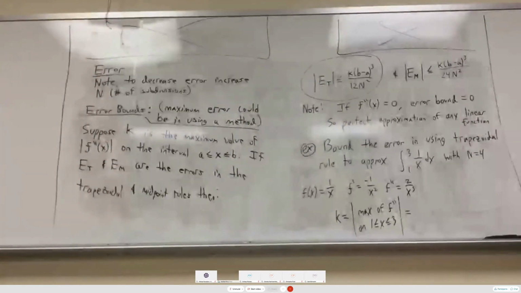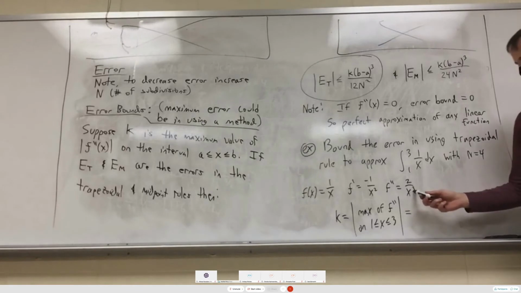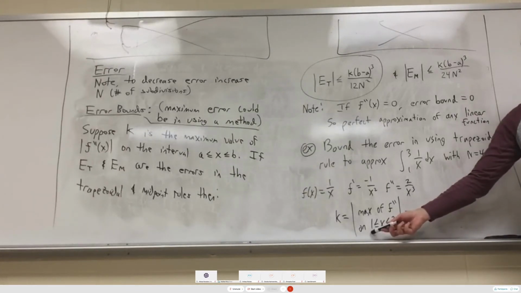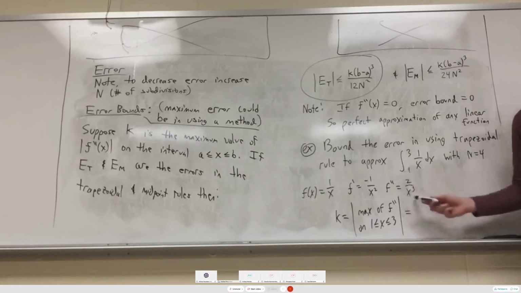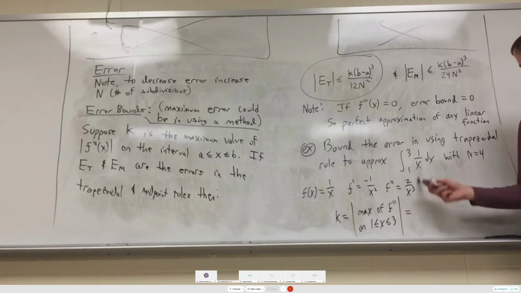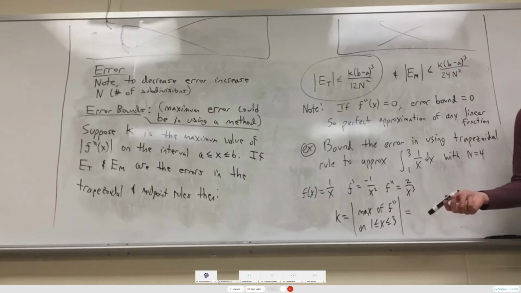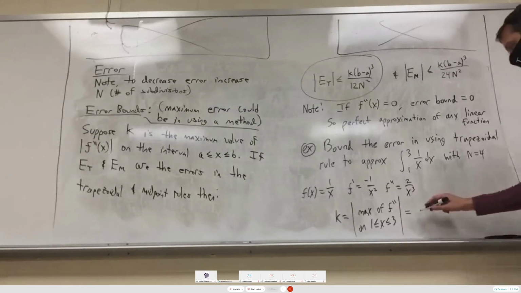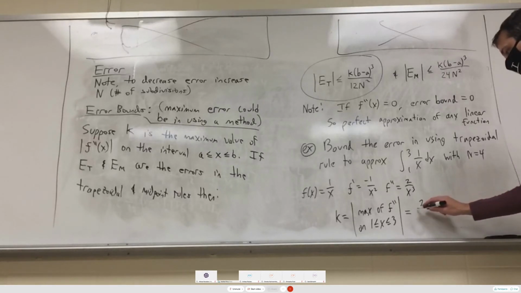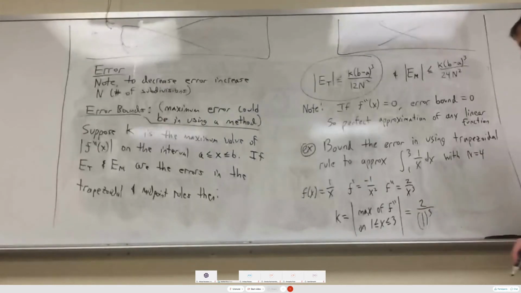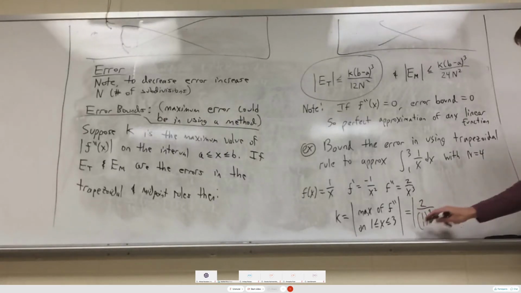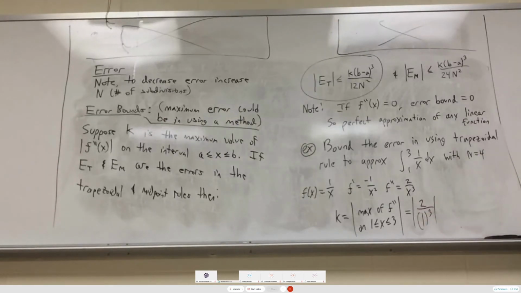You got 1, right? Because I'm dividing by it. So if I divide by the smallest thing, that would make this the biggest possible. If I divide by 3, it's going to make the second derivative small. So the maximum of it is 2 over 1 cubed. You should have absolute value around that, but here it's all positive anyway. So the k in this case is 2.